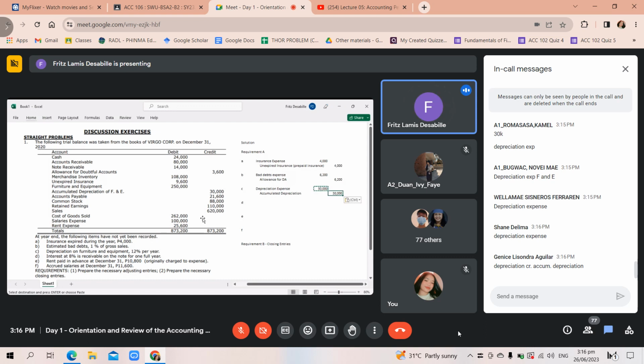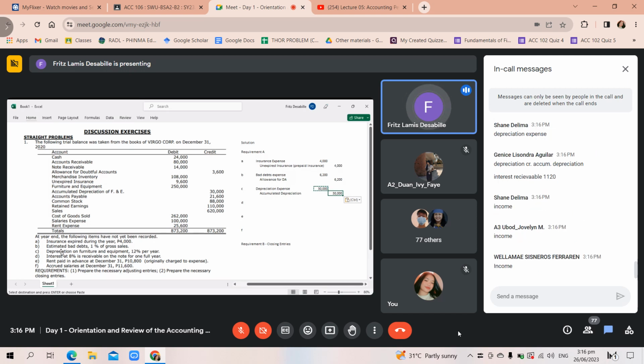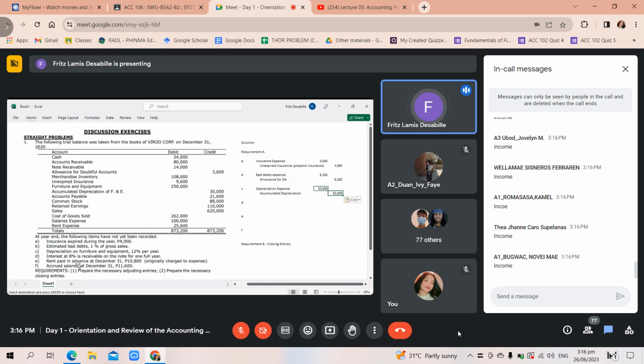Okay. So letter D. Interest at 8% is receivable. So what do we mean if interest at 8% is receivable? Is this interest expense or interest income? Interest income. So kung naa tay additional interest receivable, of course, there is a debit to interest receivable, credit to interest income.